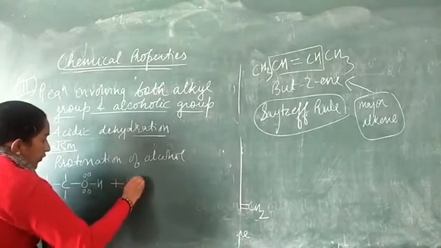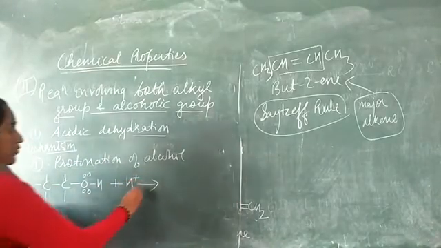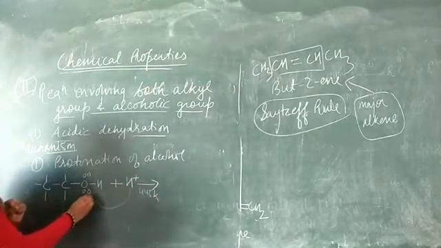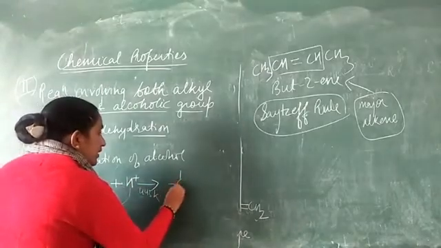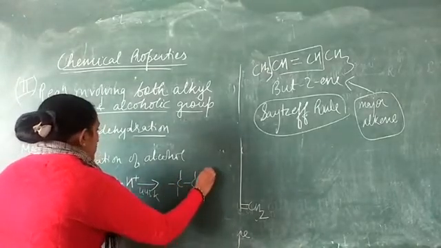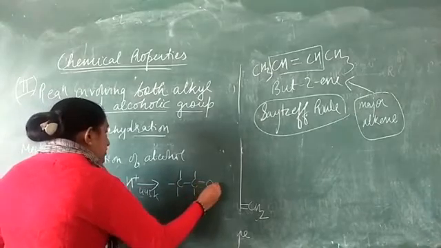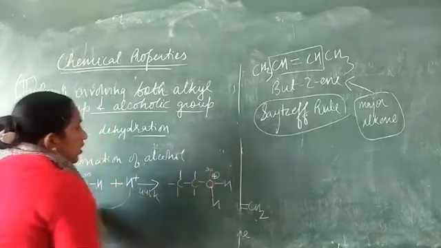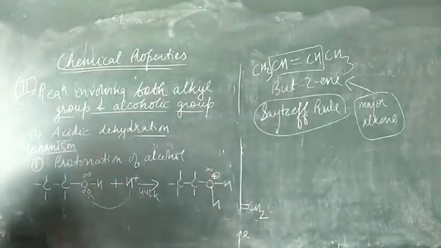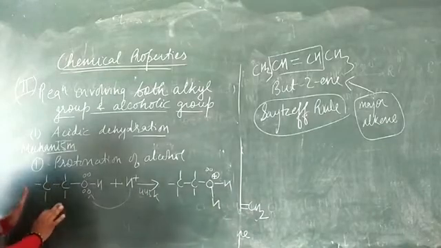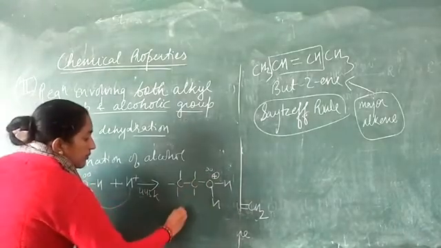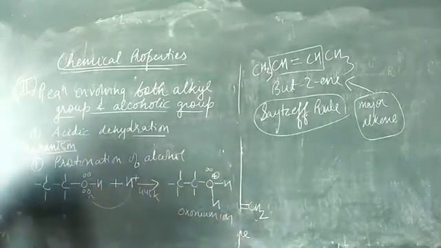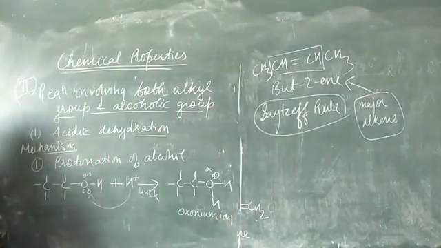Here the proton from an acid at 443 Kelvin temperature will just get attached to it. Here is oxygen, with the H it already had, and another H. This is the oxonium ion which we are getting, the ethyl oxonium ion. Oxygen is getting the positive charge, right?